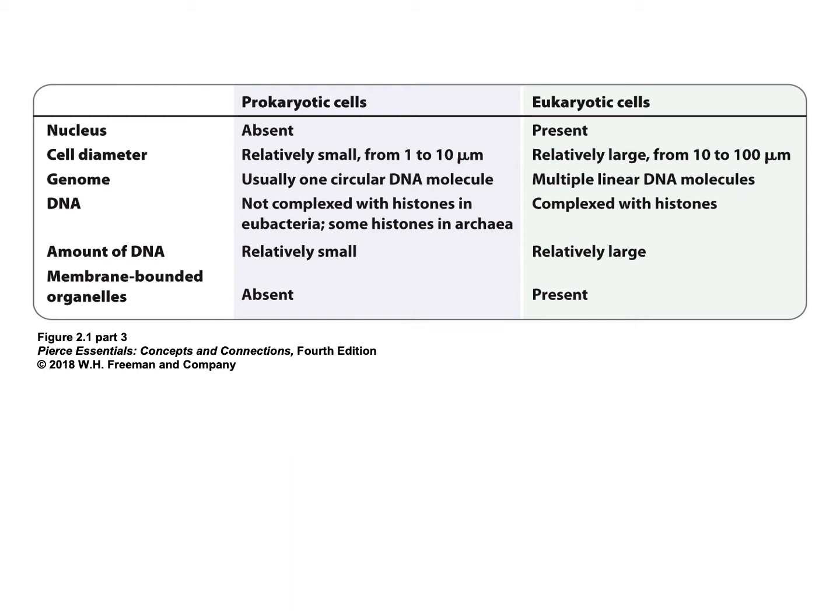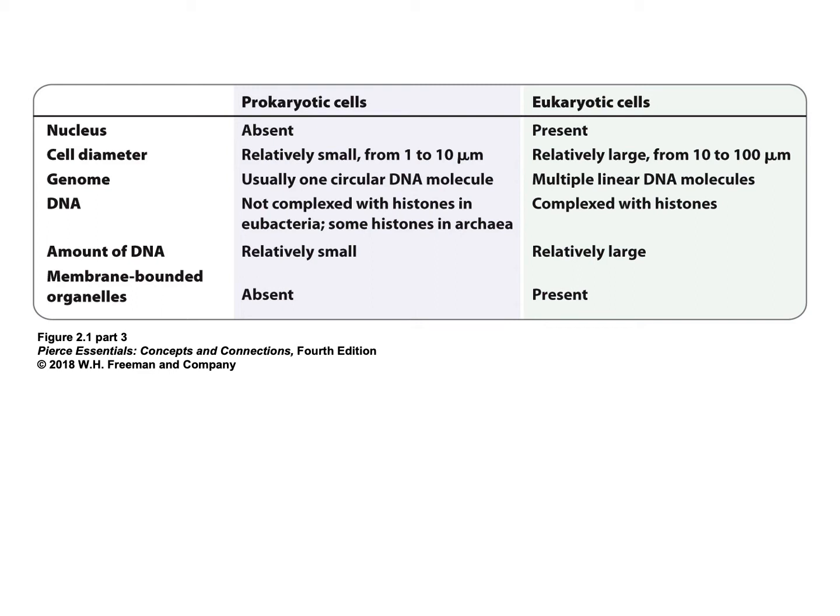Typically, prokaryotic cells tend to be relatively smaller than eukaryotic cells. Their genome or genetic material is usually contained in one circular DNA molecule, whereas in eukaryotic cells, there typically are multiple linear DNA molecules that make up the genome.